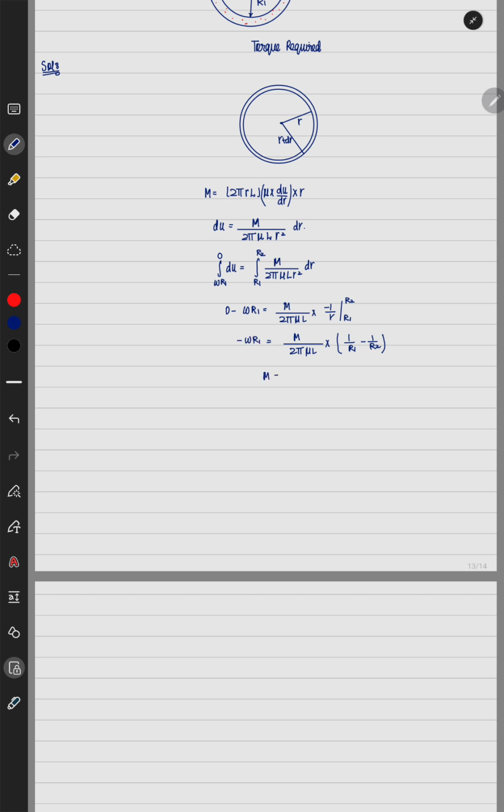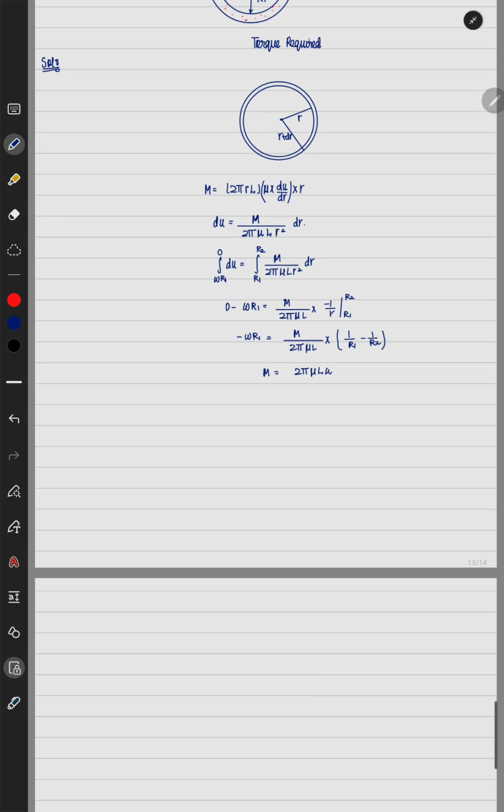So M is given by 2 pi mu L omega r1 divided by 1 by r2 minus 1 by r1. This is equal to 2 pi mu L omega r1 square r2 divided by r1 minus r2. So M comes out to be equal to this.